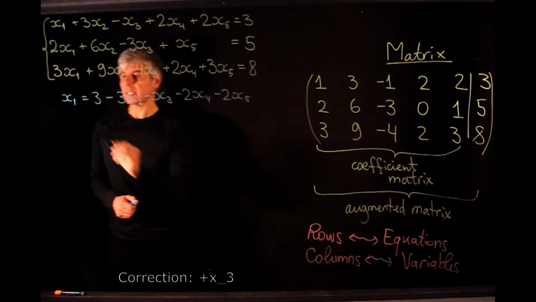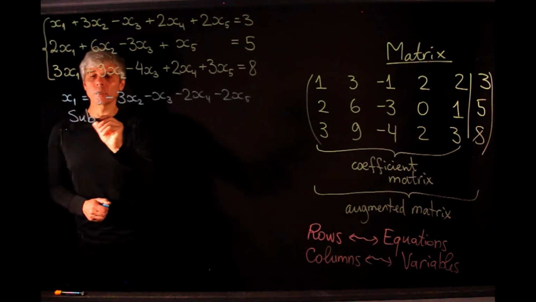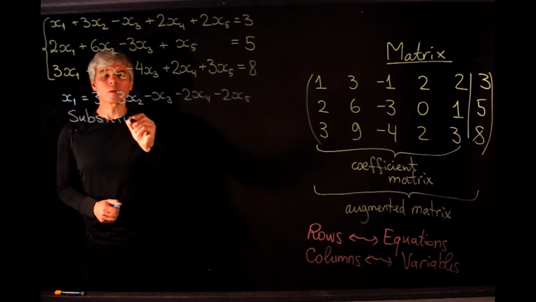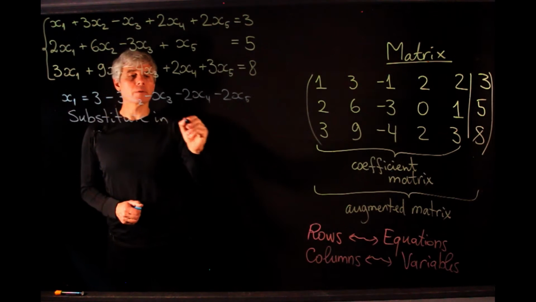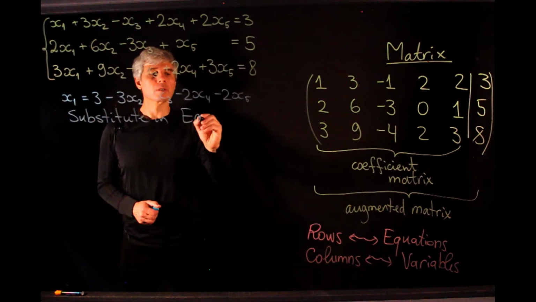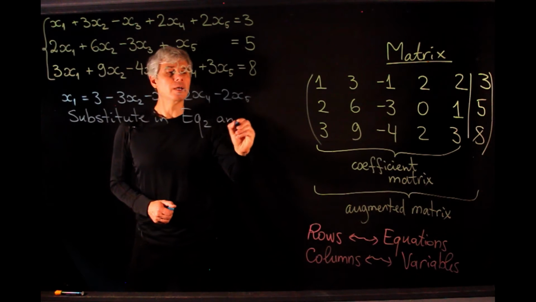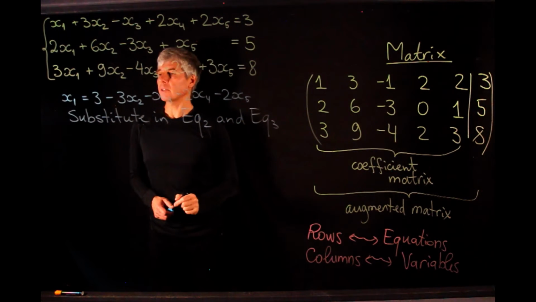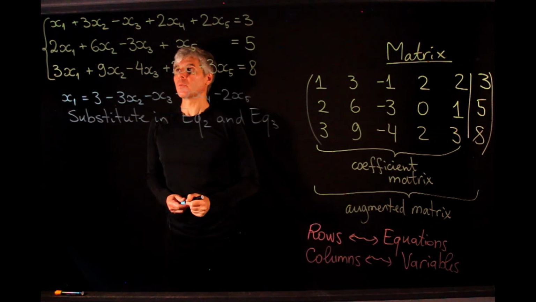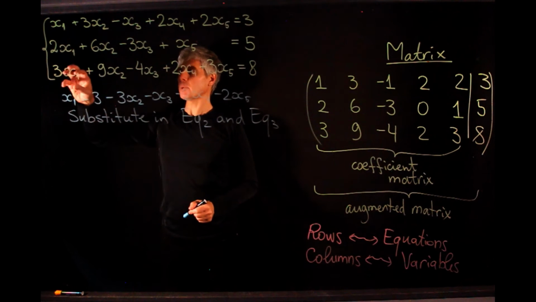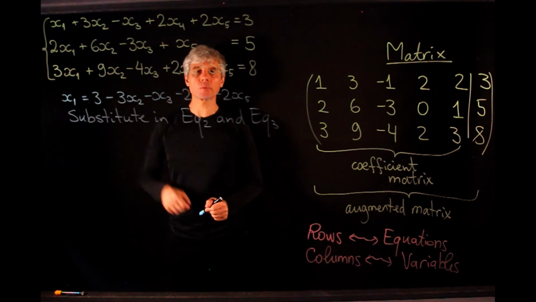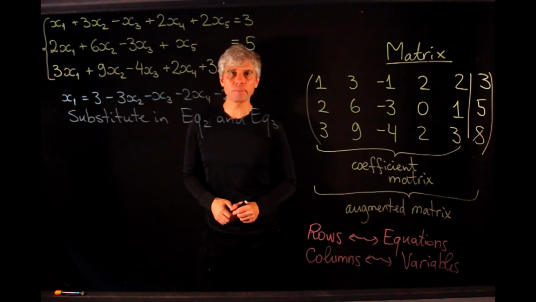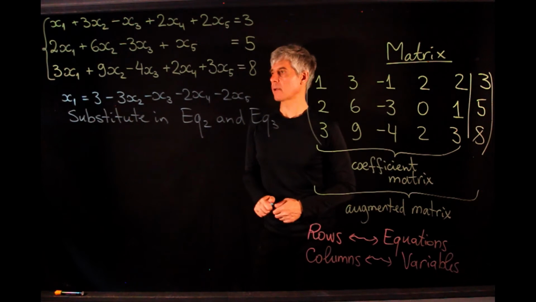And then substitute in equations 2 and 3. If we do this, we will eliminate the variable x1 from the last two equations, and we'll get a simpler system of linear equations.